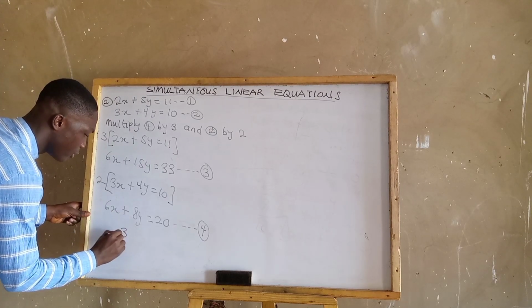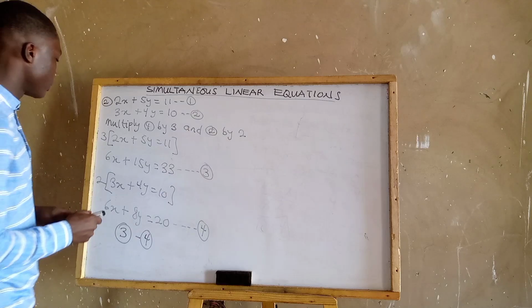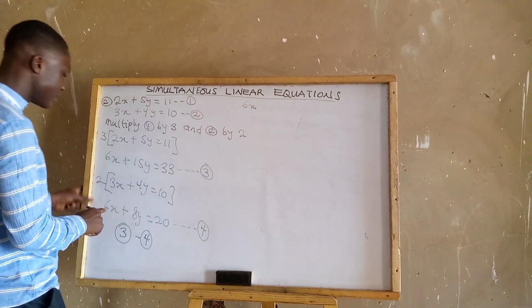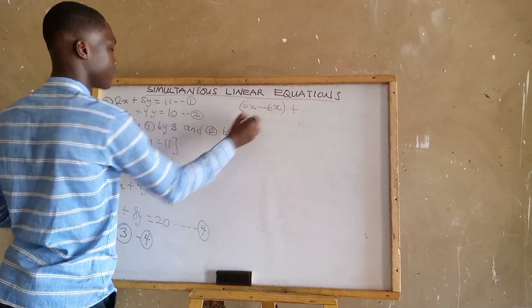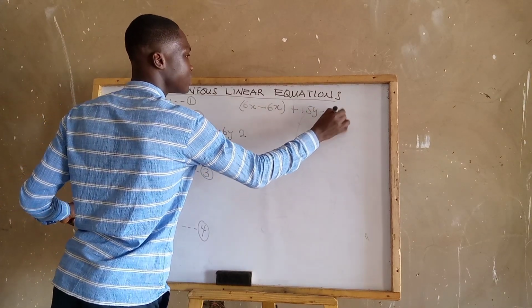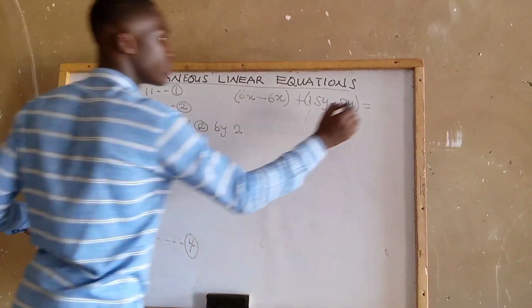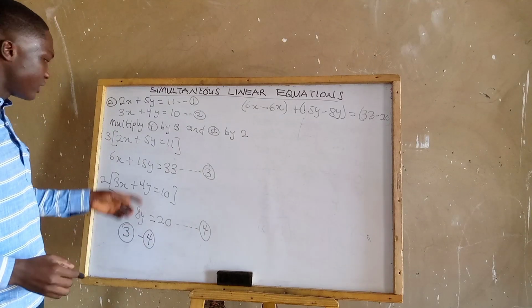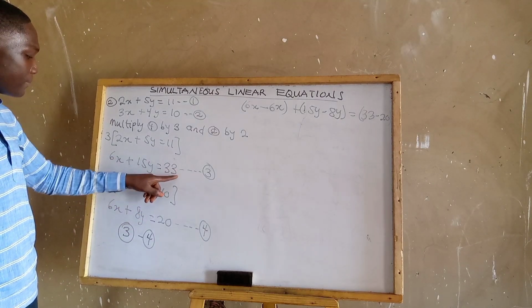From equation 3 you have 6x, so 6x minus 6x, plus 15y minus 8y, is equal to 33 minus 20.